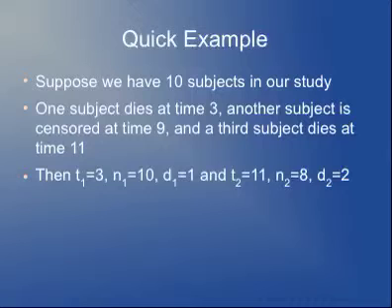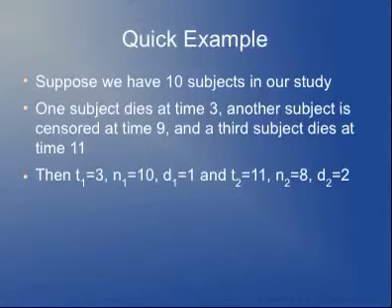So in this case, S of 5 would be 0.9 because there's a 90% probability of surviving that long based on the data. And let's say we want to find the probability of surviving up till time 12. Well, in that case, it would be 0.9 of surviving at least up to time 3. But then we have to consider the probability of surviving up to time 11.